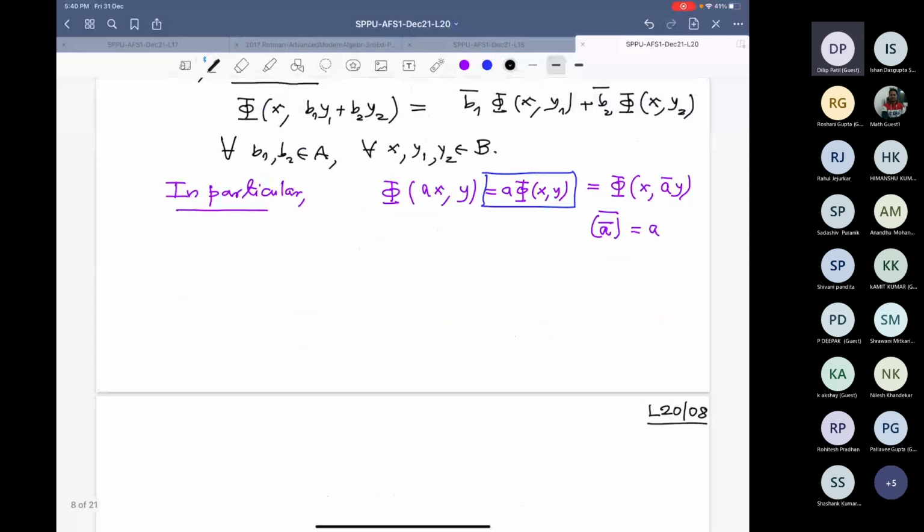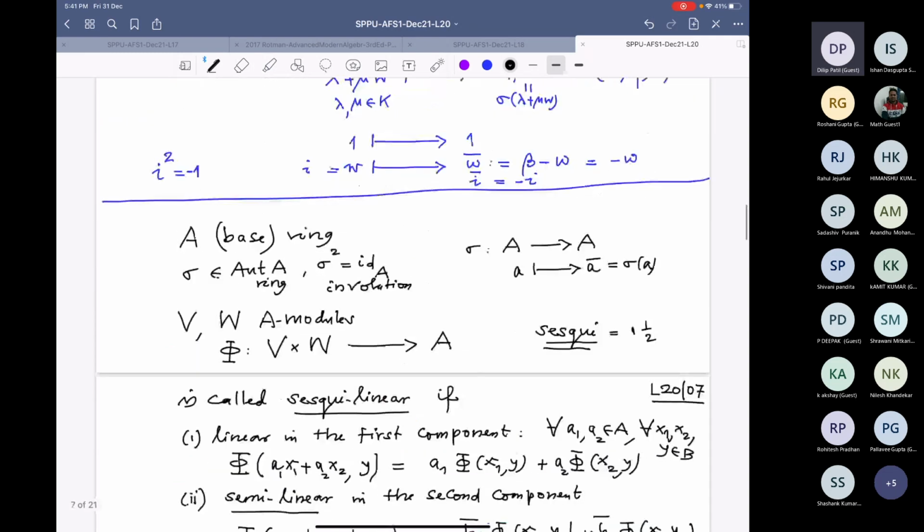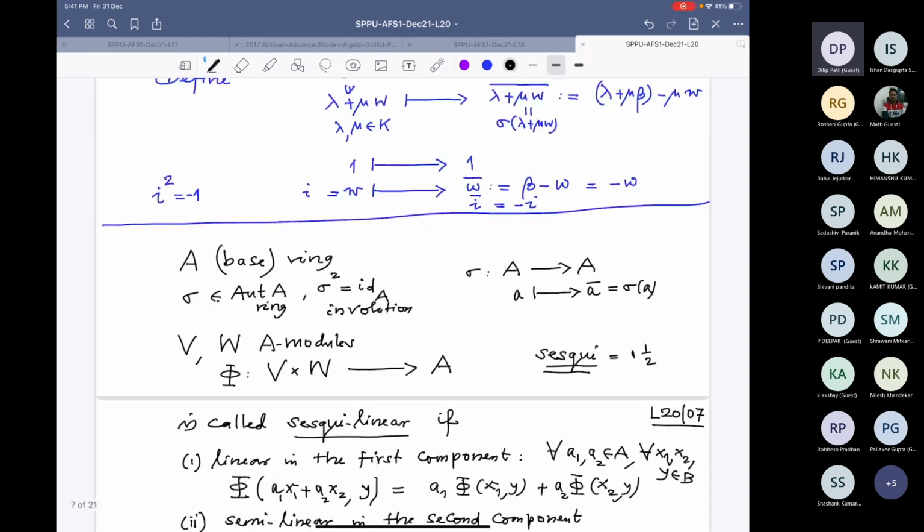So therefore I will denote this sesquilinear. A is my base ring, and V and W are two A modules. So far, in the definition, I never used that they are free modules. The definition is for arbitrary modules. I don't need free for the definition.